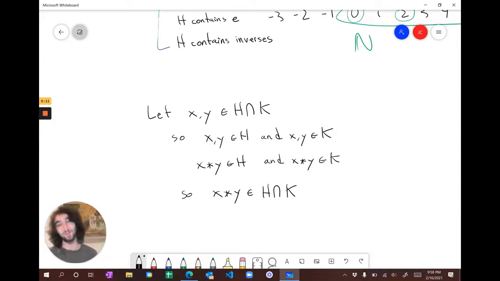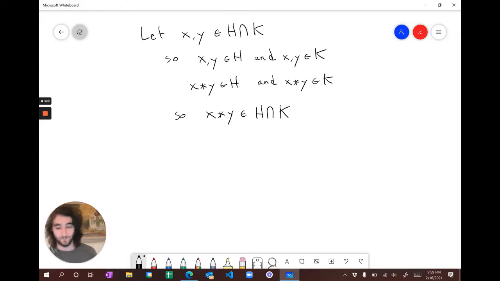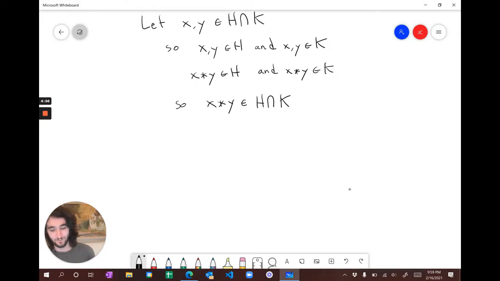Any 2 elements of the intersection, their product is also in the intersection, so it's closed under the operation. Parts of this proof are very similar. We just say for the identity, for example, H and K are subgroups.